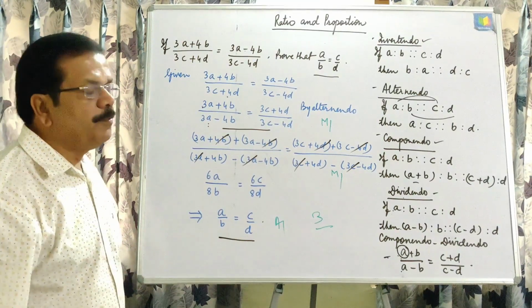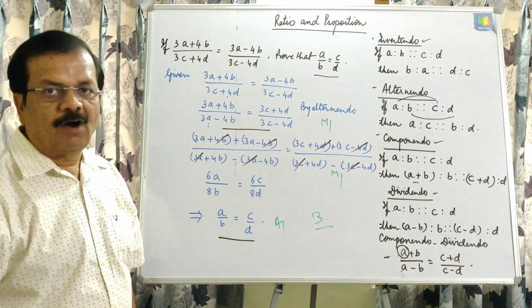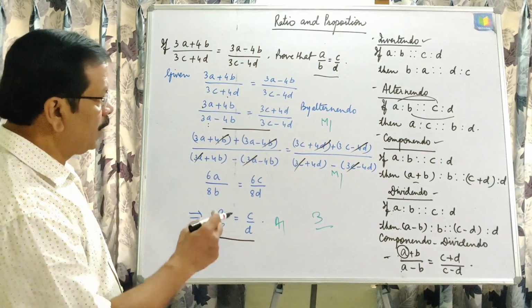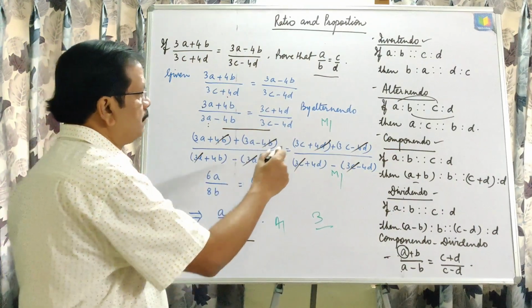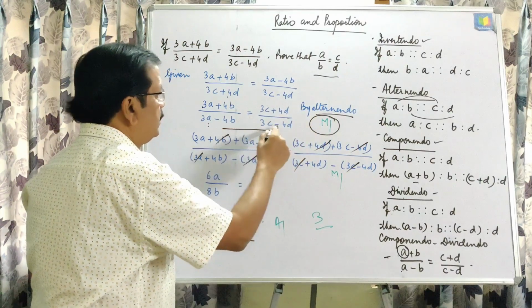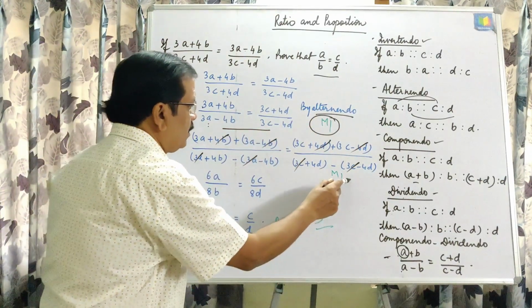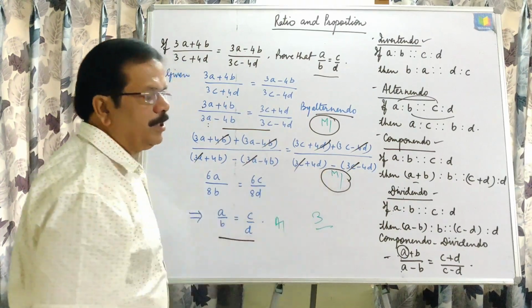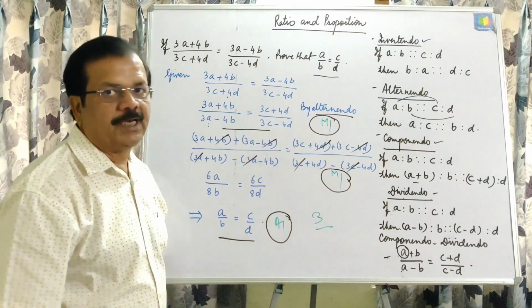This question is asked so many times in the compulsory part of ICSE maths, or the same type of question. We will do one more question of this type. Okay. Now as far as the marking scheme, this is the first method mark, because you know the property of alternando, second method mark, that is componendo dividendo, and then the answer. One more thing I want to share with you.